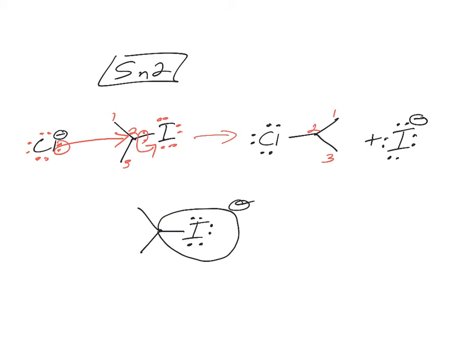The sigma star would be on the opposite side where electrons are not at, towards the less electronegative atom, in this case carbon. But notice they're 180 degrees apart. To break a sigma bond, to break any bond, you must put electron density into its antibonding orbital. So as these electrons from the chlorine go into the sigma star, which is 180 degrees away, you break the carbon iodide sigma bond at the same time.